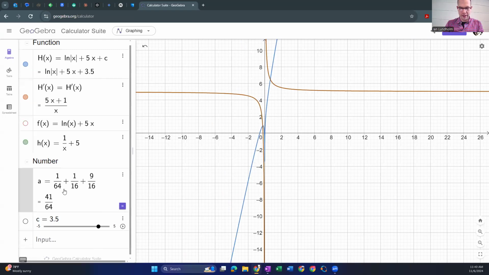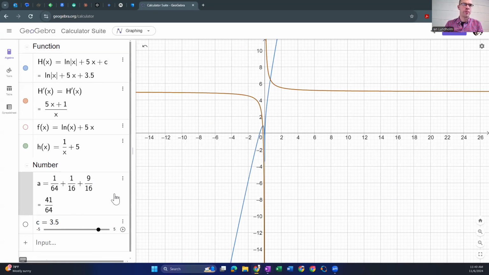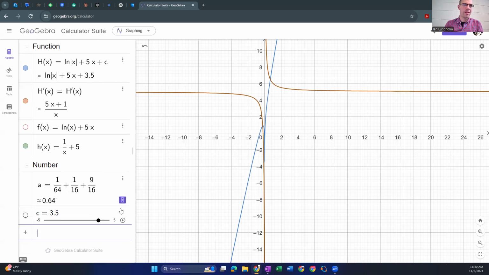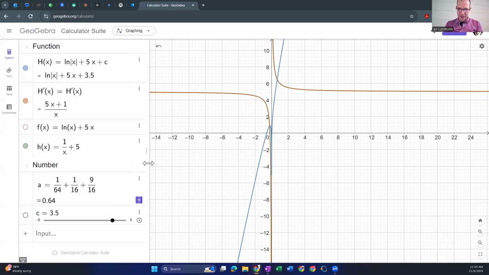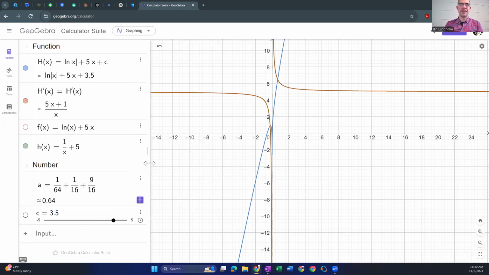Or sorry, this is the left-hand Riemann sum, and the right-hand Riemann sum was just adding 1/4 onto this. So yeah, it's 41/64, it's about 0.64. Does that make sense? That seems high. Am I crazy?